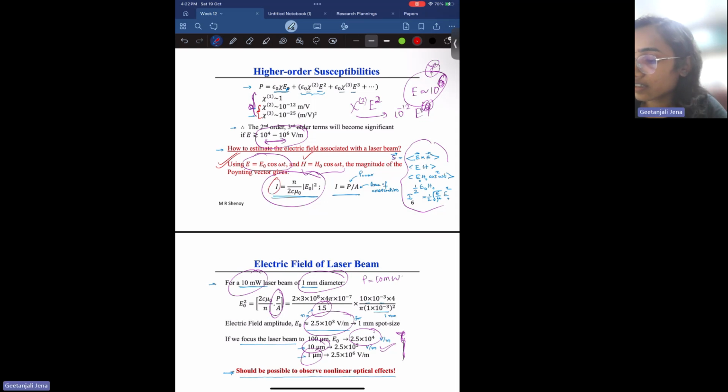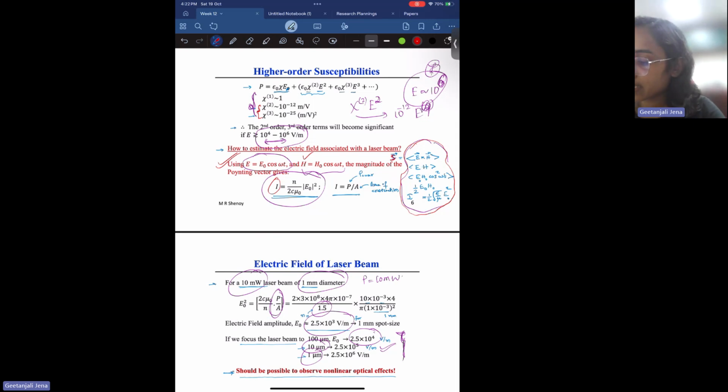So intensity is given by n by 2 c mu 0 E0 square. This you have derived using the Poynting vector formula, that is S equal to E cross H. This is the fundamental relation between the Poynting vector and the magnitude of the electric field and the magnitude of the magnetic field.